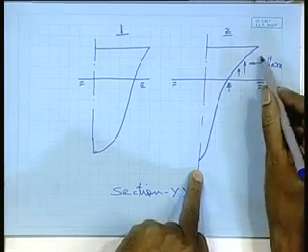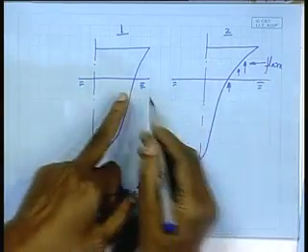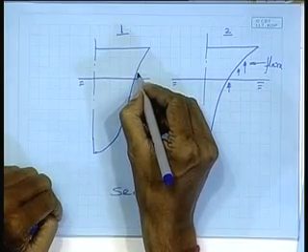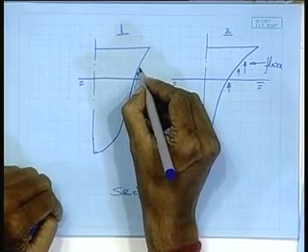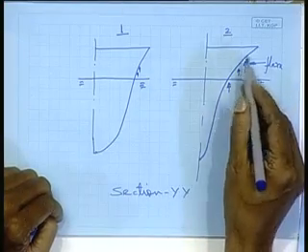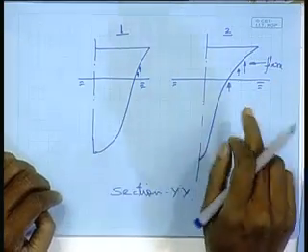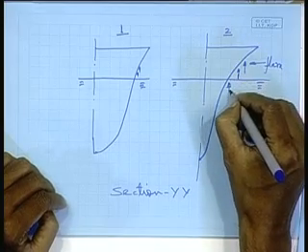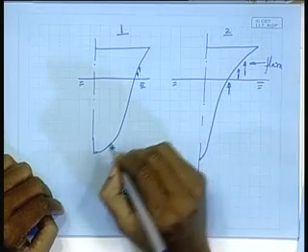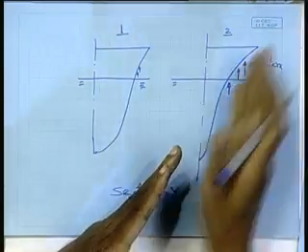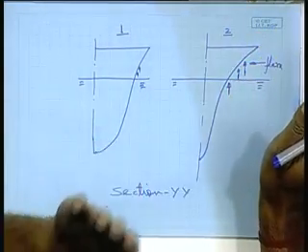From this figure you can see that here the water hitting effect will be less, but here the effect of this surface hitting the water will be much more. That means, if these are my load vectors, these will be bigger, right, because it is more projected, more area which will go and hit the water surface, right.